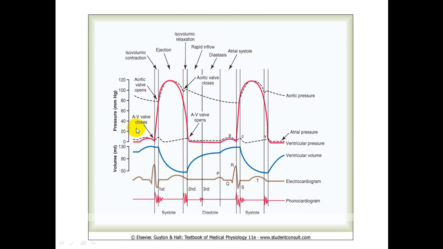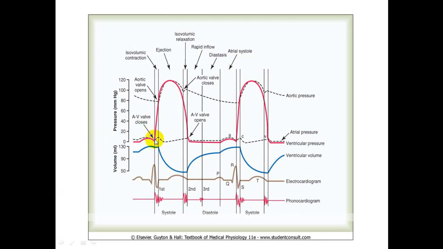So to start graphically, the AV valve is closed and the left atrium and right atrium contract, giving us the A wave, as we said, while depolarization gives a P wave.